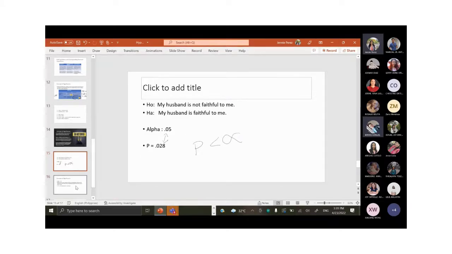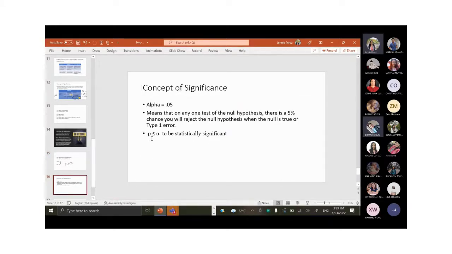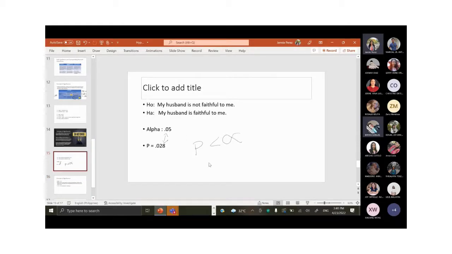Now, since our decision rule is that the p-value should be less than or equal to the alpha to be statistically significant, we go back to our null hypothesis. We reject this and we accept the alternative hypothesis. Therefore, you now make a conclusion.